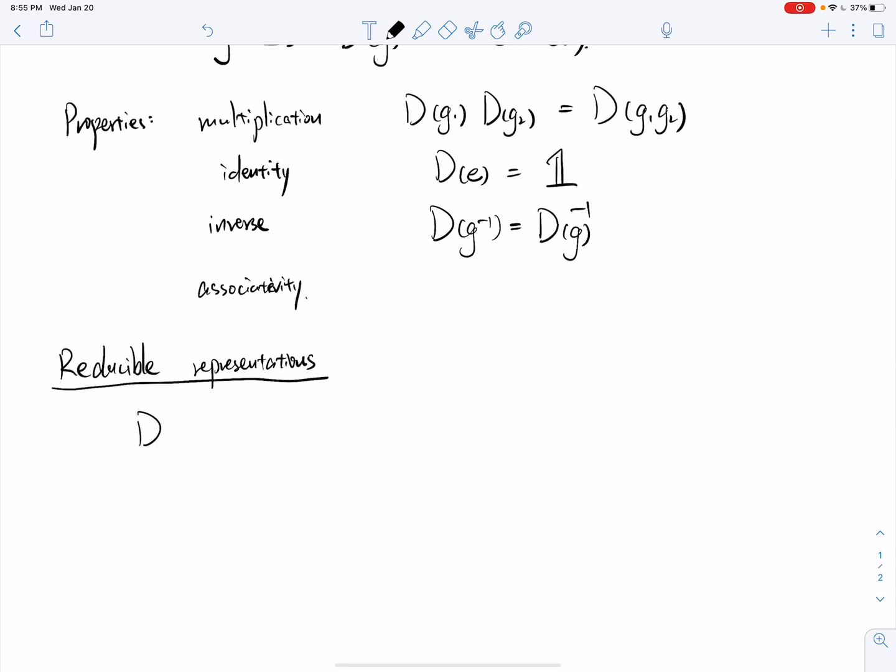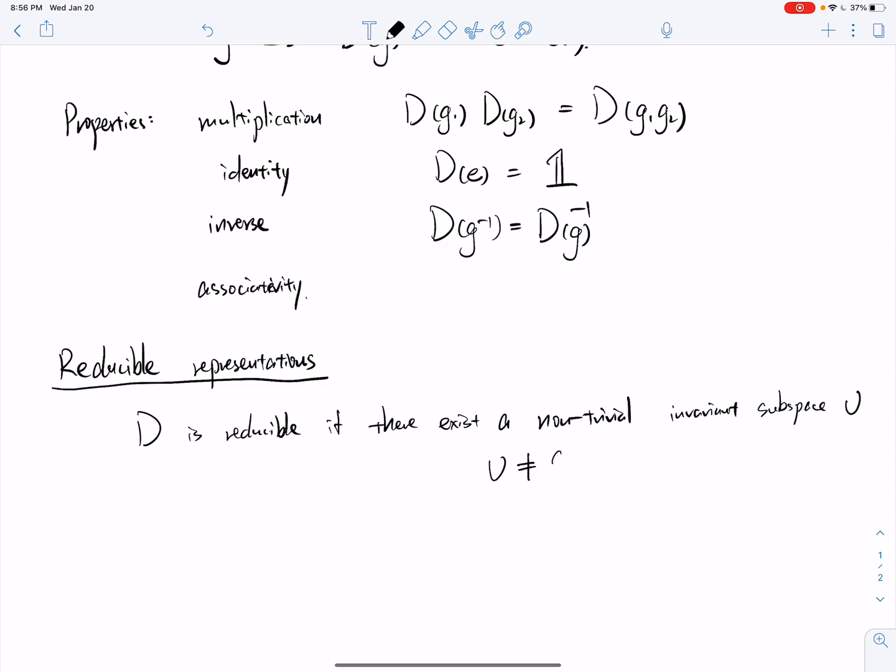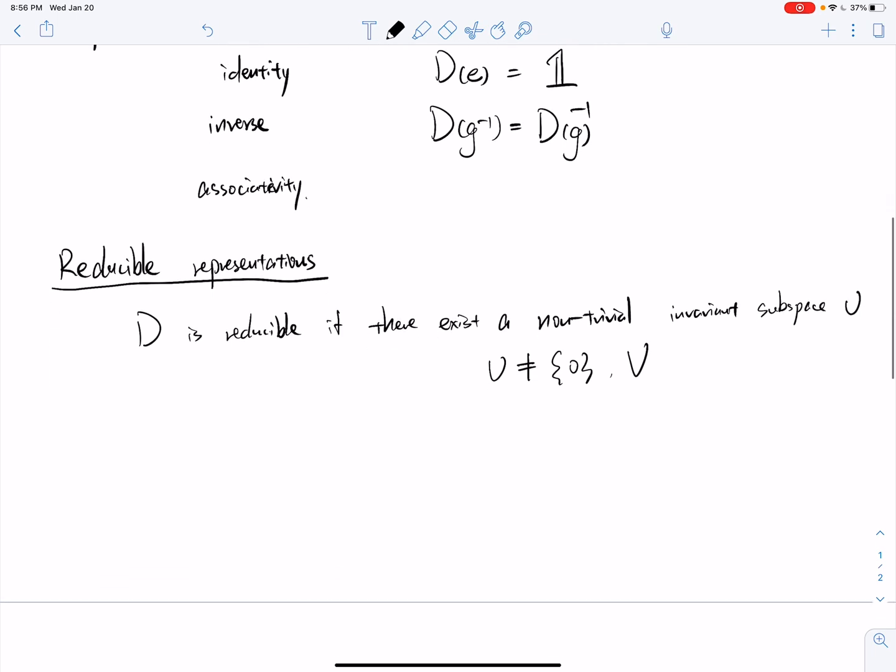A representation D is reducible if there exists a non-trivial invariant subspace U. By non-trivial, I mean this subspace is not zero. And also it's a subspace, so it cannot be the original space itself.